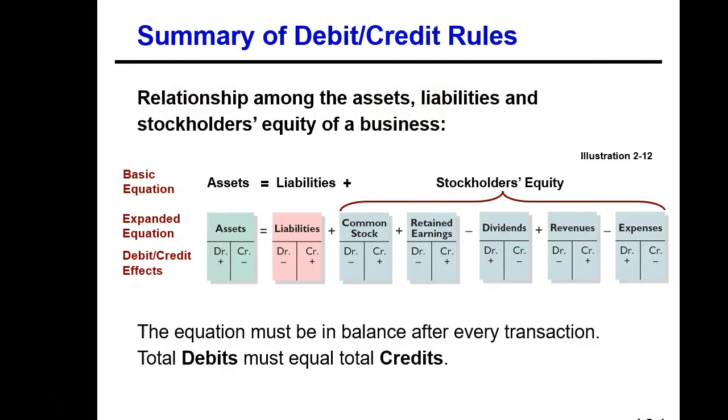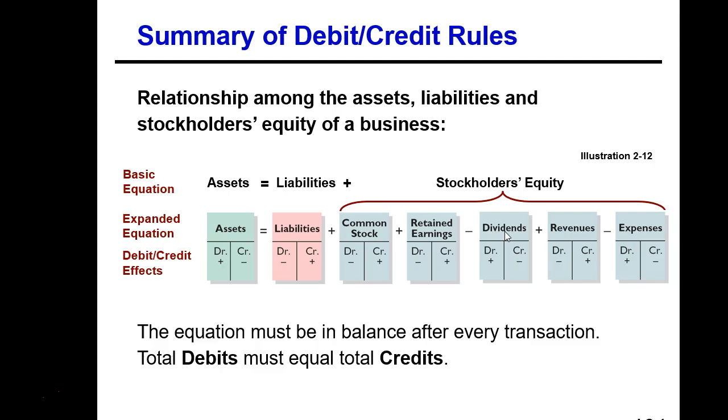Okay? Let's now put the rules all together. Assets increase on the debit side of the T account, decrease on the credit side. Liabilities increase on the credit side, decrease on the debit side. Common stock and retained earnings both increase on the credit side, decrease on the debit side.